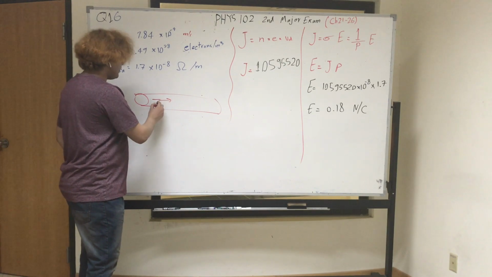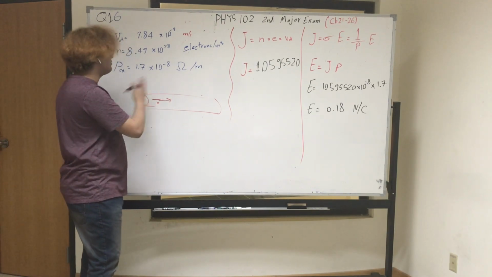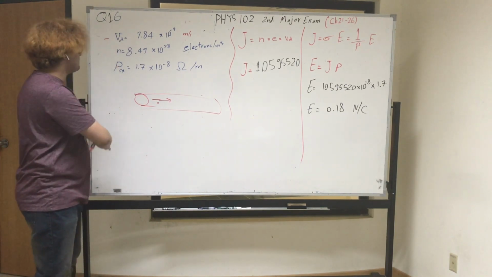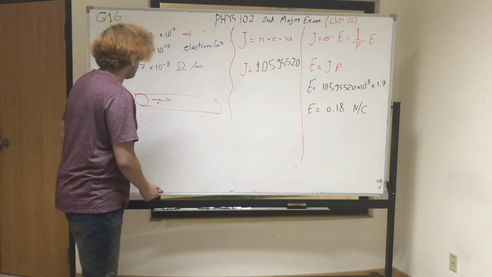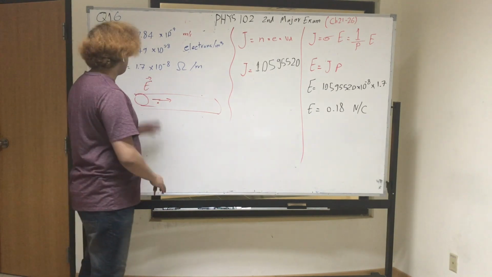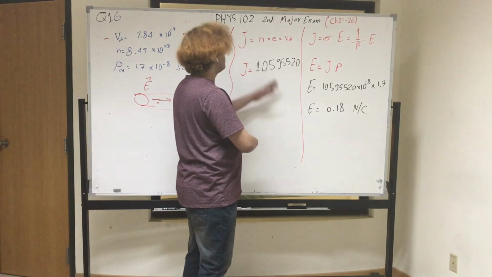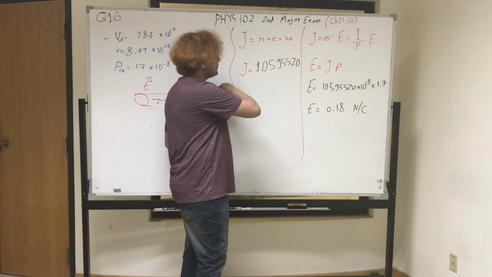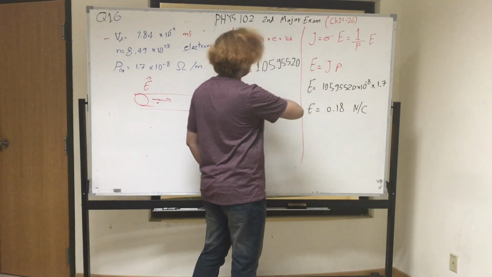So we know the velocity of these electrons, and we know the number of these electrons per unit volume, and we know the resistivity of the material. So we know these three things, and we're asked to find the electric field. So how can we find the electric field? First, we need to find the current density. And if we find the current density, there is an equation that relates the current density with the electric field.